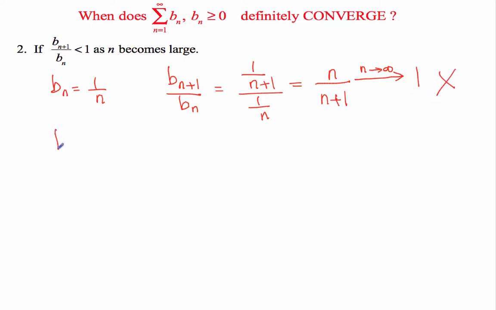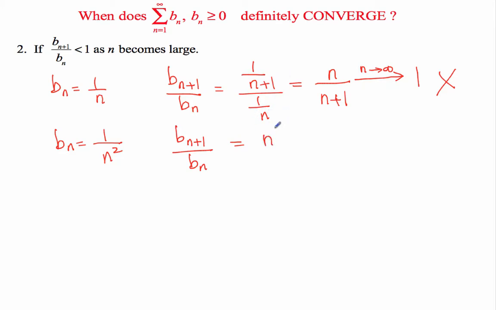Well, maybe it will tell us something about 1 over n squared. We know that this series converges, at least I'm going to show that to you later. But let's see what the ratio test tells us. Here we have Bn plus 1 divided by Bn, and the only difference is that I'll have 1 over n plus 1 squared and 1 over n squared.